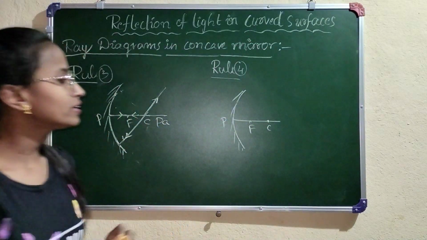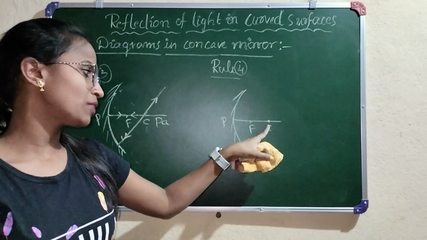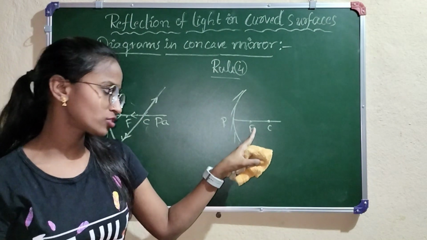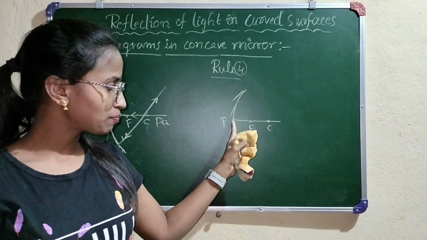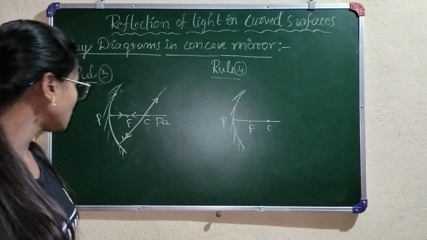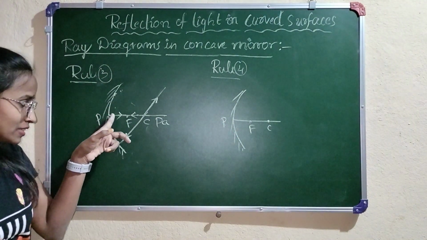Here in this case, passing through the center is completed, passing through the focus is completed, passing parallel is completed. Now, if the light ray passes through the pole, it is hitting the pole.